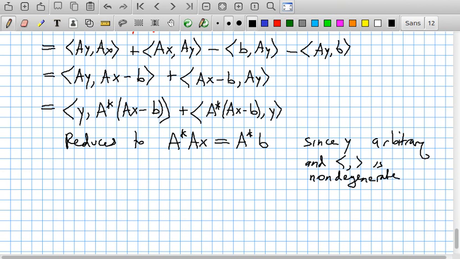Okay, well, how do I solve this equation? Well, remember what we're after. We're after x, right? So then x should be, and oh, look at this, something funny has happened. Even if a were not square, this a star a, this guy here, is square.